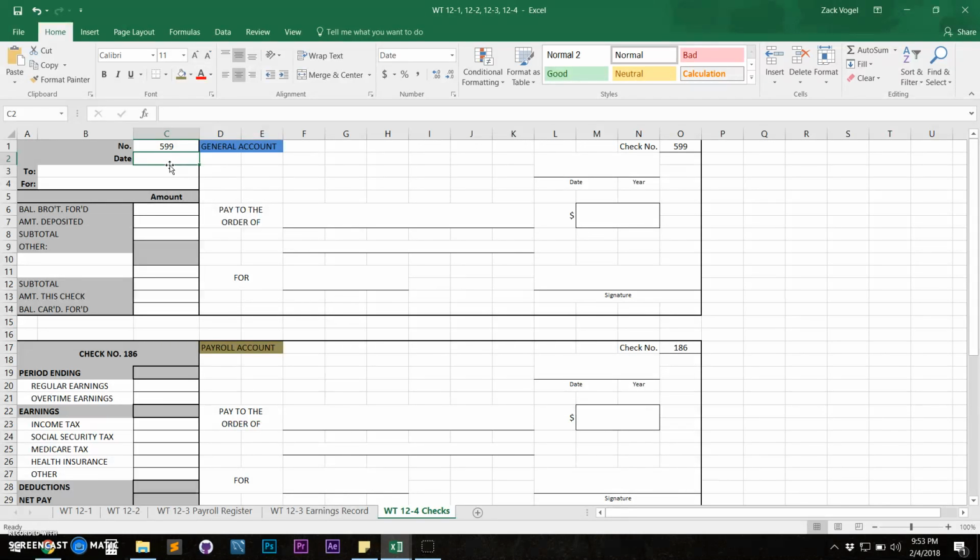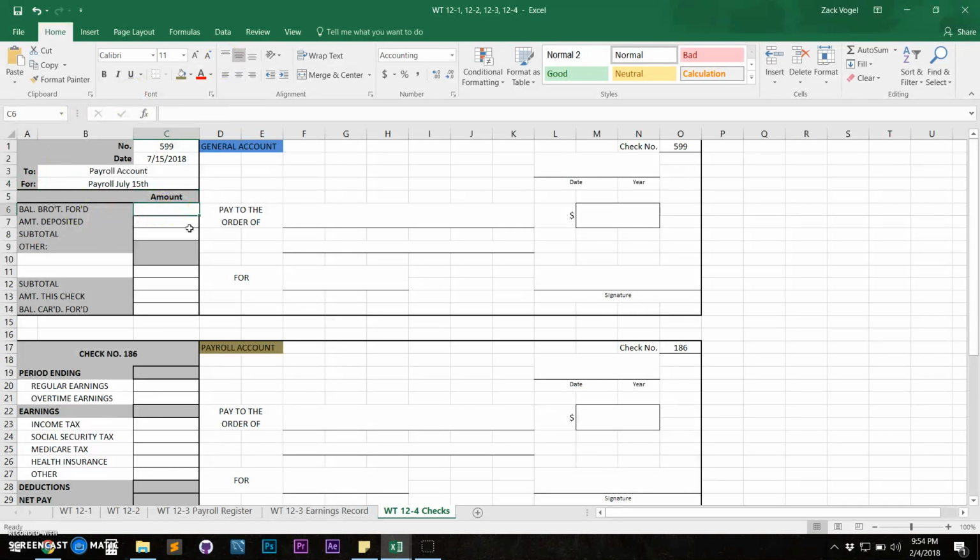So if you look on page 358 on step 1, that's going to give us all the information we need to fill out this check. And so we're on July 15th, and it is to the payroll account, and it is for payroll July 15th.